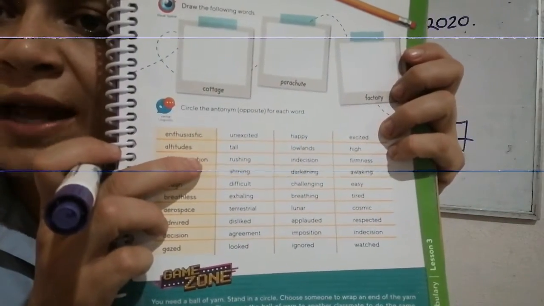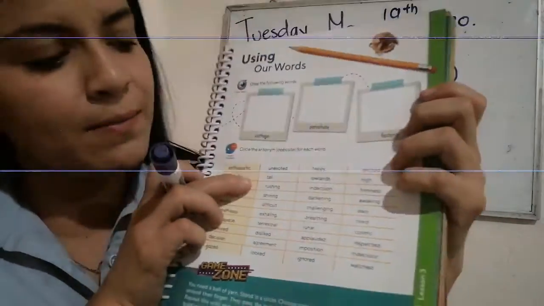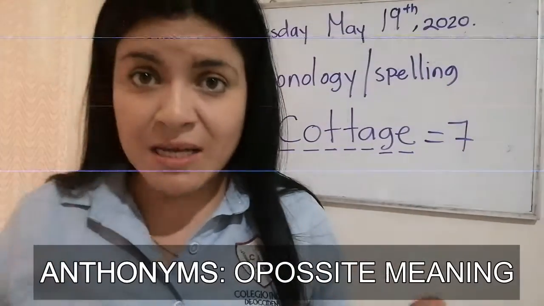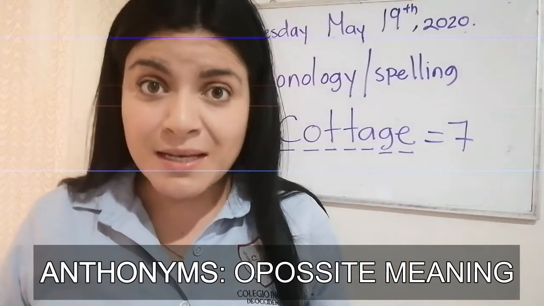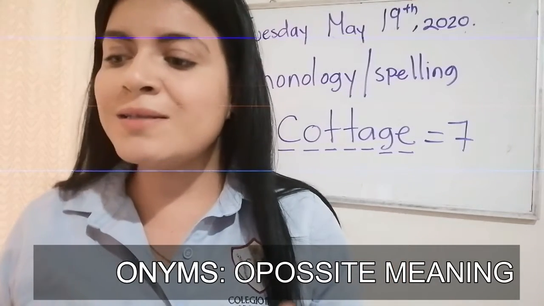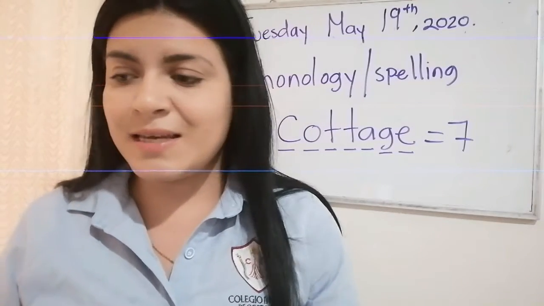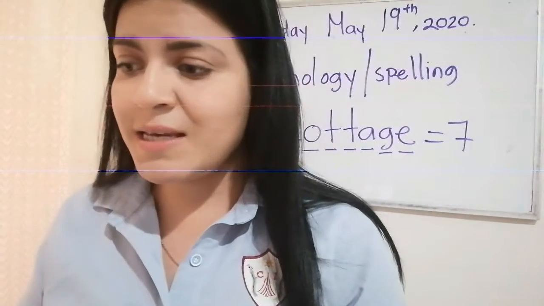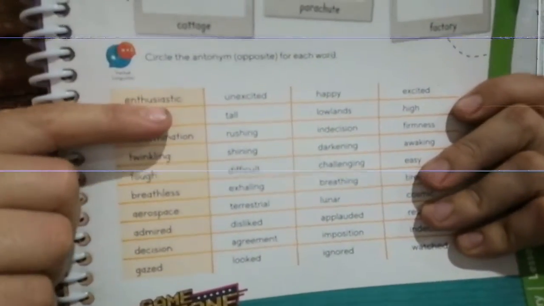Circle or underline the opposite, the antonym of each word. Do you remember what an antonym is? The opposite meaning, right? For example, number 1, it says enthusiastic. The opposite of enthusiastic, what do you think?